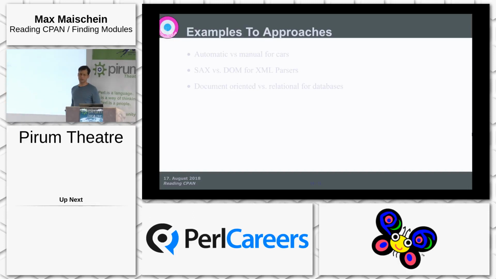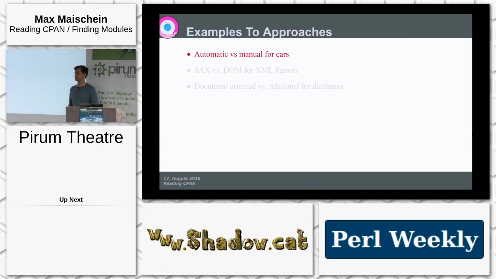I've mentioned the different approaches in domains. For example, you have automatic transmission and manual transmission in cars as one example for two different approaches to address a problem. Or when parsing XML, you have the SAX approach of basically event-driven parsing, and the DOM approach, which is great when you can fit your whole document into a working set of memory.